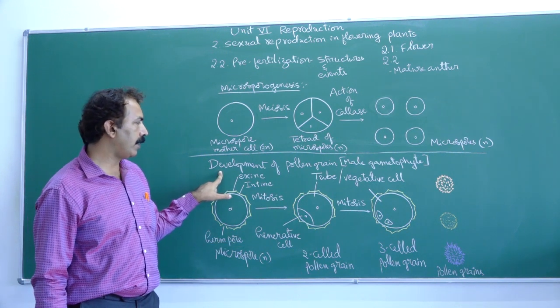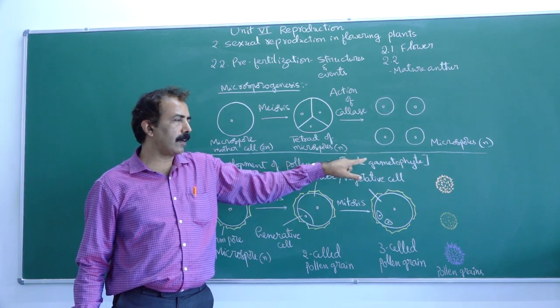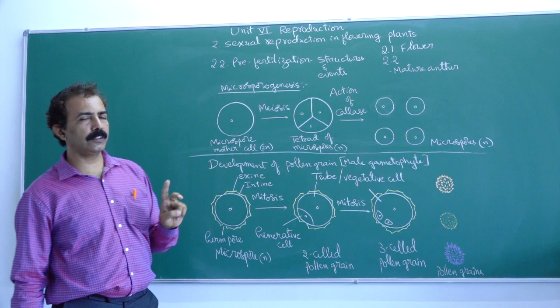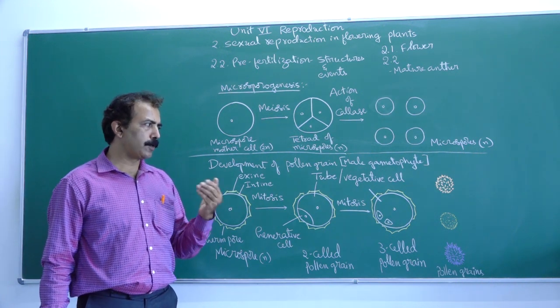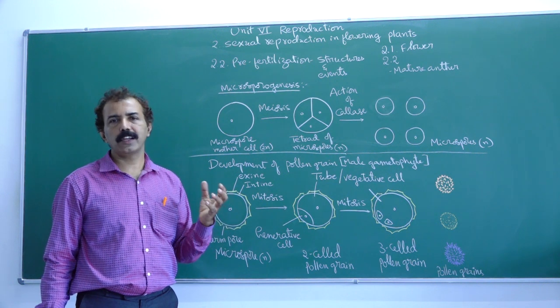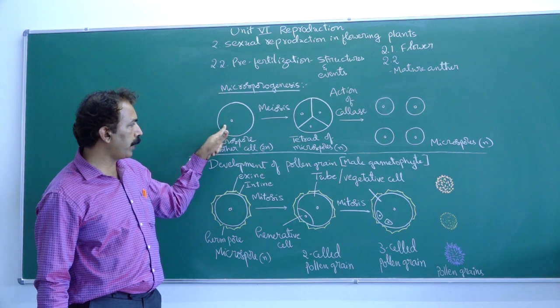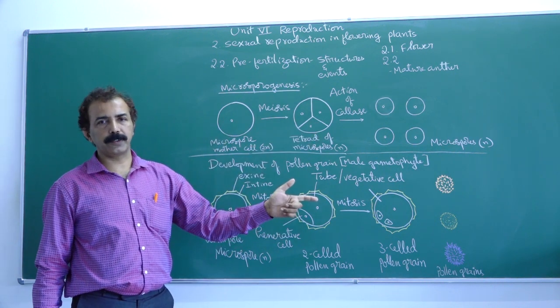I put the heading development of pollen grain or male gametophyte. You remember angiosperms have two generations, sporophytic generation and gametophytic generation. Sporophytic generation is dominant, gametophytic generation is reduced to a few cells. From sporophyte to gametophyte, we are understanding the concept.